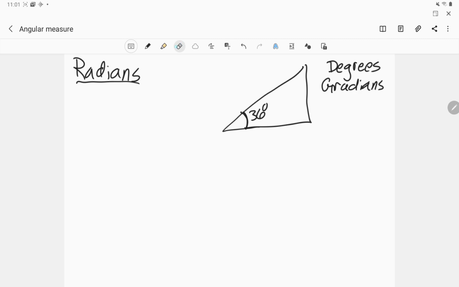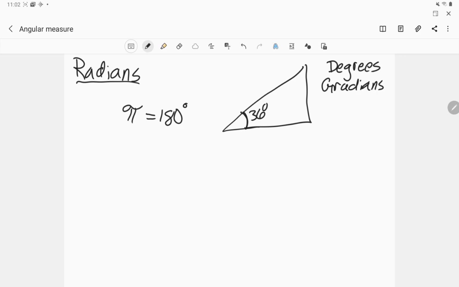So when we're talking about radians, we often talk about it in terms of pi. So pi is that thing that we're familiar with, that 3.14. But in radians, pi is the same as 180 in degrees.